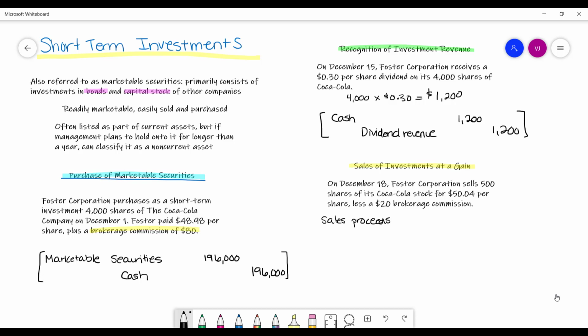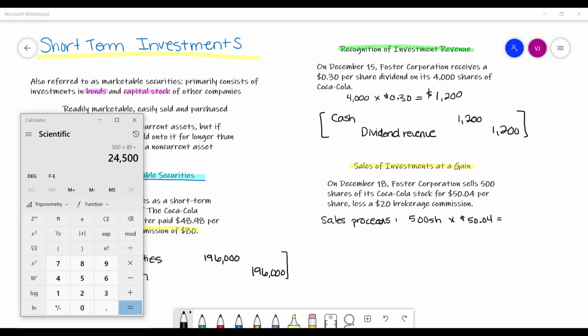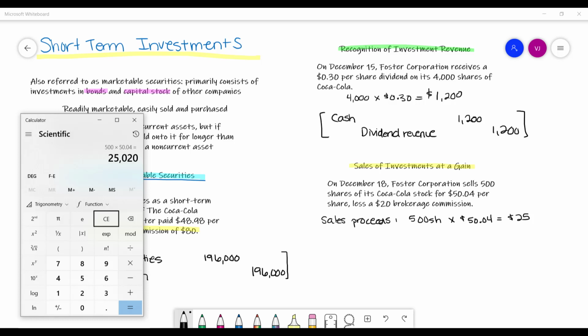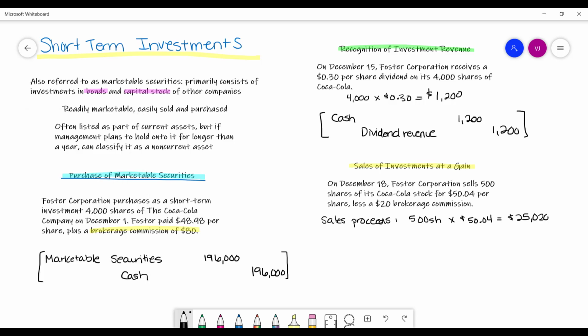The sales proceeds, that's just what we are getting for these shares. We're selling 500 shares, and we're getting $50.04 for each of those 500 shares. So if we take 500 times $50.04, that's $25,020.